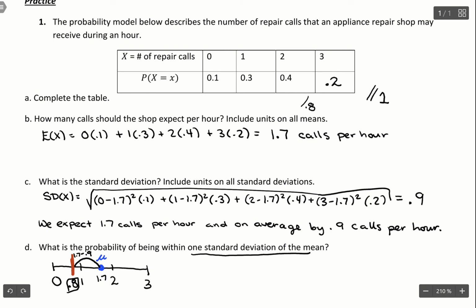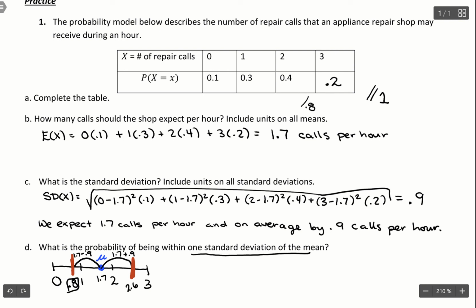And then we need to do the same thing on the other side. To be within 1 standard deviation, we go below, but we also have to go above. So taking 1.7 plus 0.9 to get this upper barrier for what's landing within 1 standard deviation. And that's going to be landing at 1.7 plus 0.9 is a 2.6.